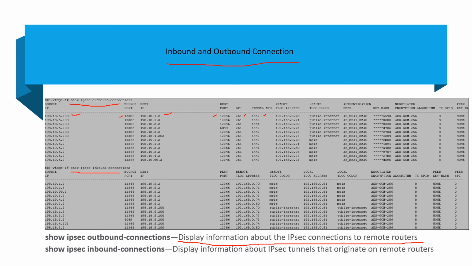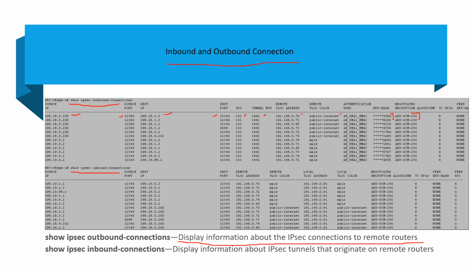My remote TLOC is 70, that is going to be the device on the Colo 2 VH. And the remote color is public internet. My hashed key is 6590. My authentication method is AH SHA1 HMAC. My encryption is AES 256.